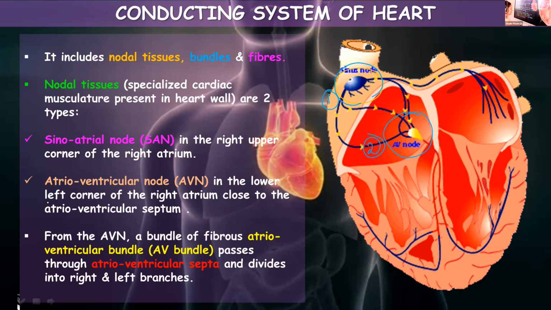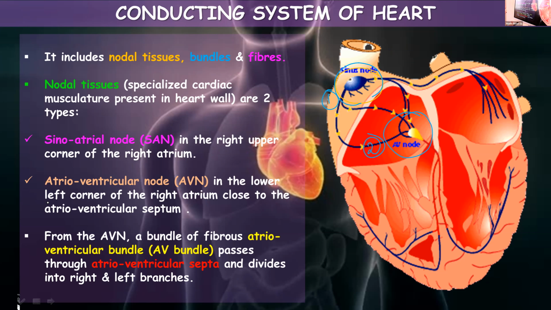So it passes through the atrioventricular septa and emerges on the top of the interventricular septum, and gets divided into right and left branches. I'll repeat it once again, and from the next figure it will be more clear.